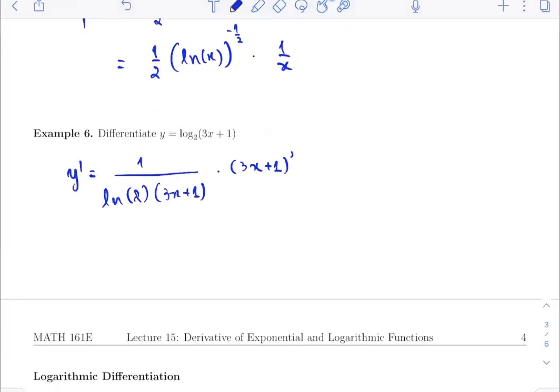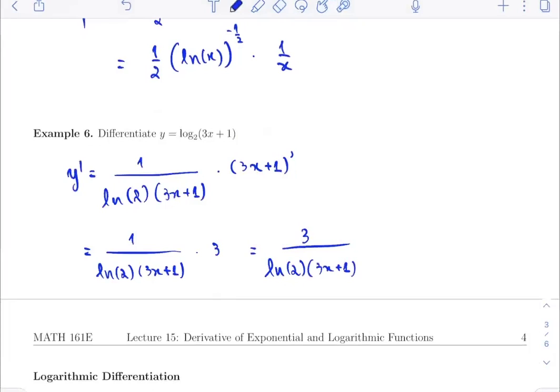The derivative of 3x plus 1 is just 3, because the derivative of 3x is 3 and the derivative of 1 is 0. So I get 1 over ln of 2 times 3x plus 1, and here I multiply with 3. So I get 3 over ln of 2 times 3x plus 1. Okay.